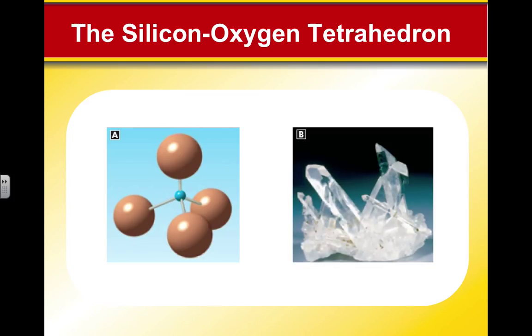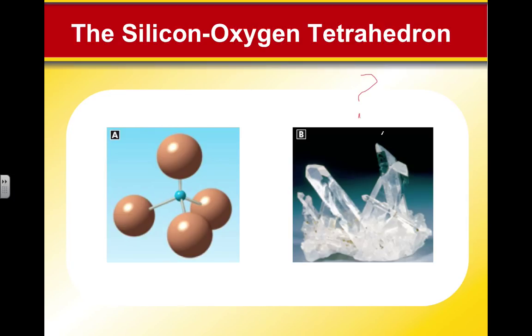Now, if you look at figure B, and my question for you, this is my second question. What type of mineral is this? So my first question was what mineral is produced with the precipitation, or crystallization, I should say, of magma. The second question is what type of mineral is this?